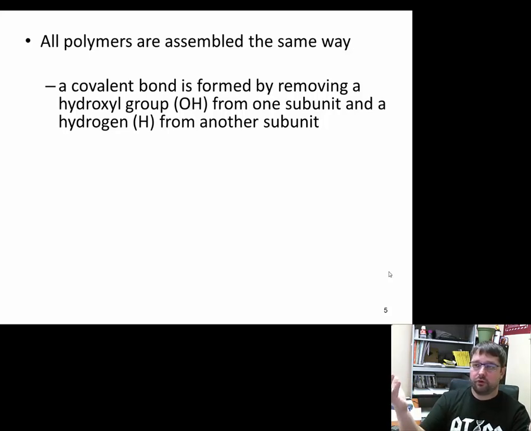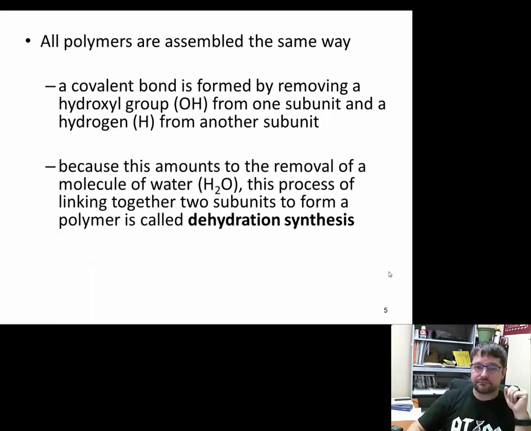When they come together, that hydroxyl group and hydrogen form water, and water is removed from the equation.